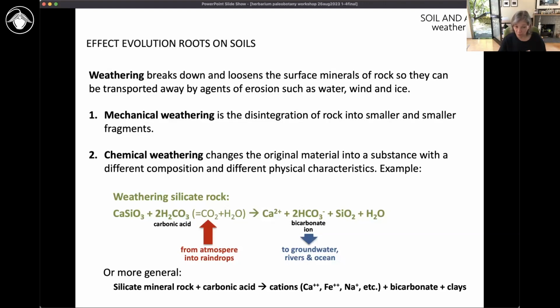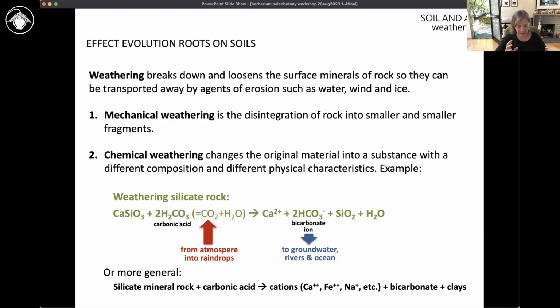That means that CO2 from the air actually disappears from the air. So if you chemically weather silicate rock, you, what we call, withdraw CO2 from the air.